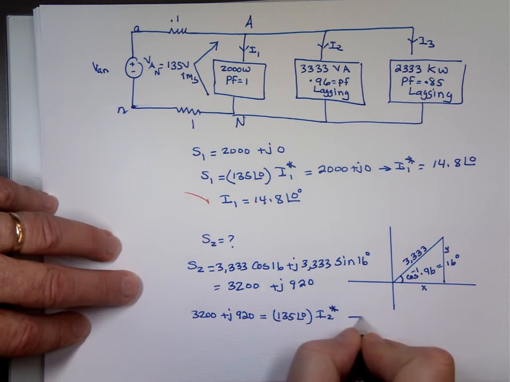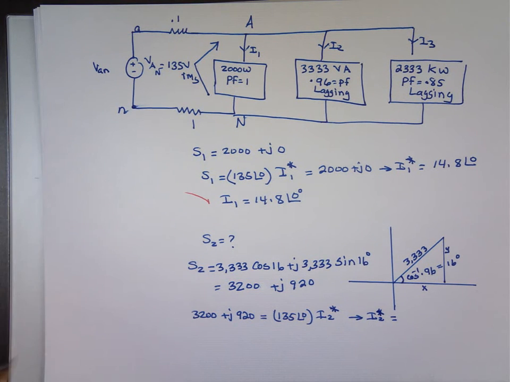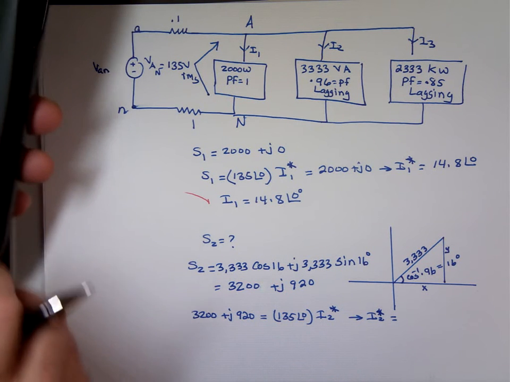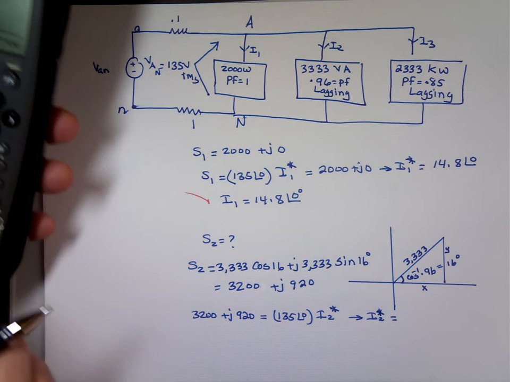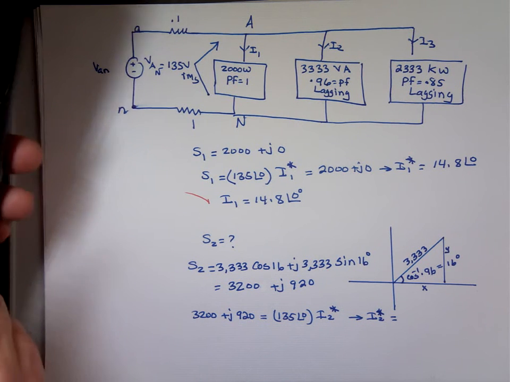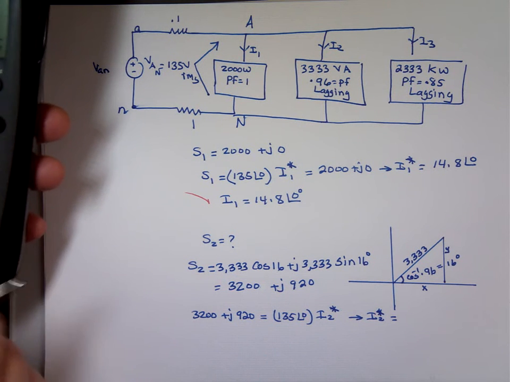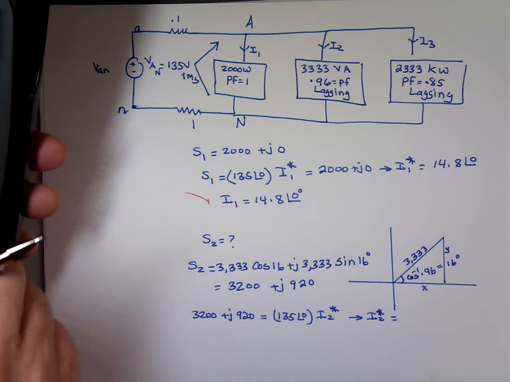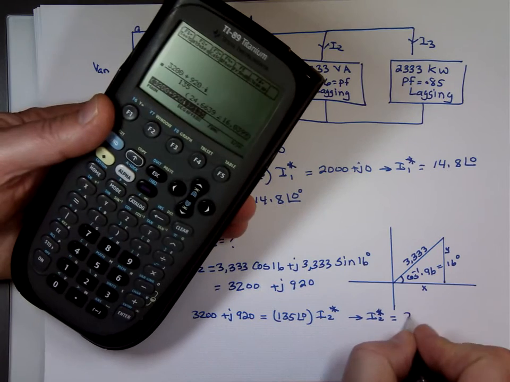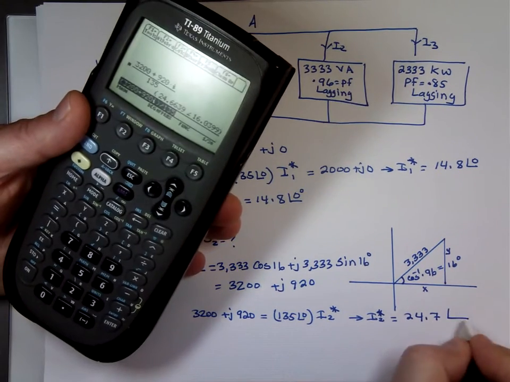That tells me I sub 2 conjugate will be, let me go to my calculator here, parentheses 3,200 plus 920J divided by 135 angle 0, is 24.7 angle 16 degrees.